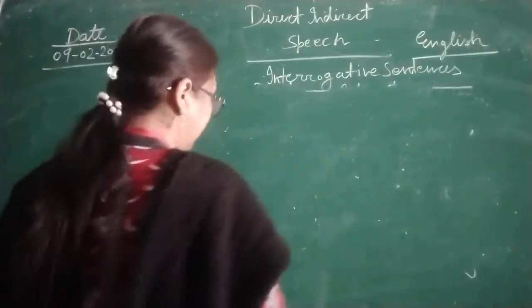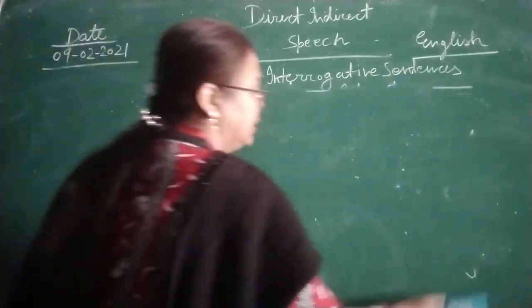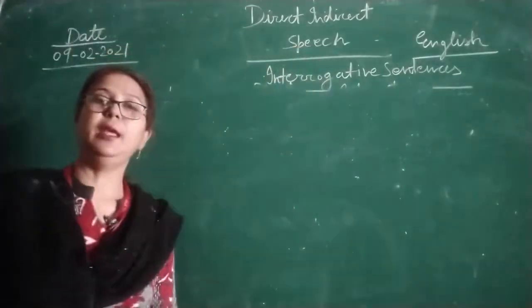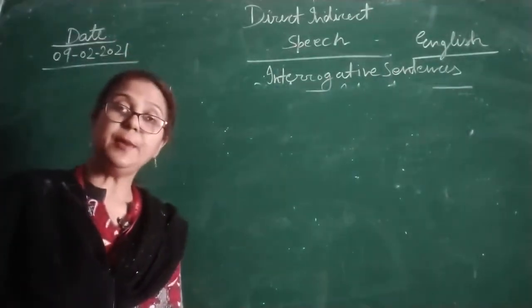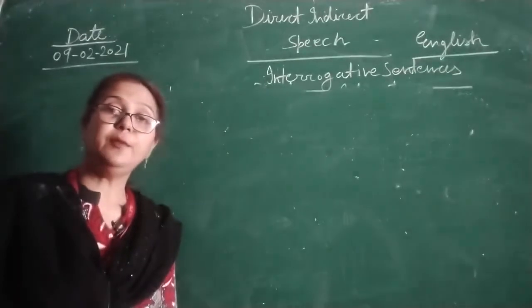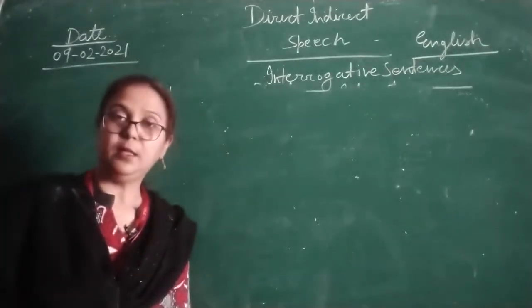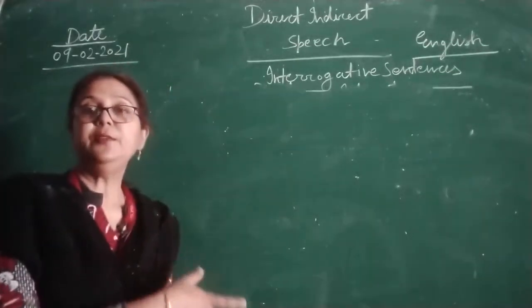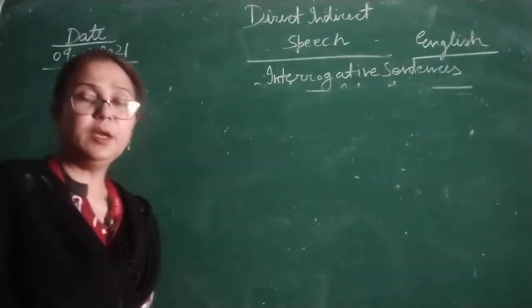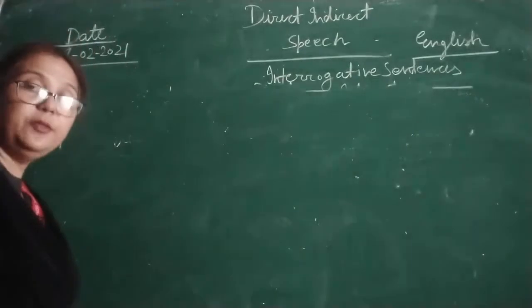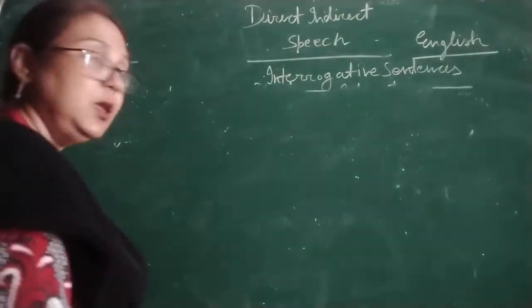As we have learned, if the sentence in direct speech starts with is, am, are, do, does, we will write if and whether. And in the reporting verb we will use inquired, asked, these types of words in place of he said or he told.